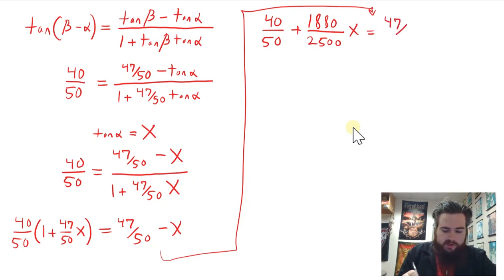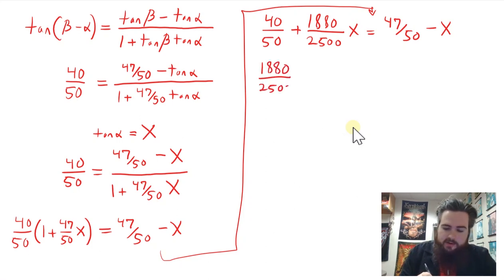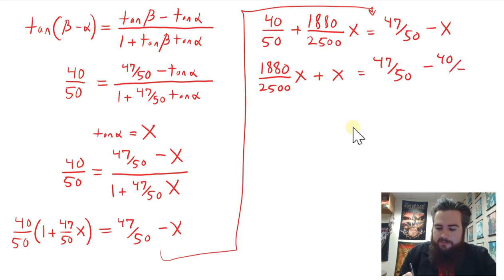That still equals 47 out of 50 minus x. I will move the constant terms over to the right side, and then I'll move the variable terms over to the left. So I have 1880 over 2500x plus x equals 47 over 50 minus 40 over 50.